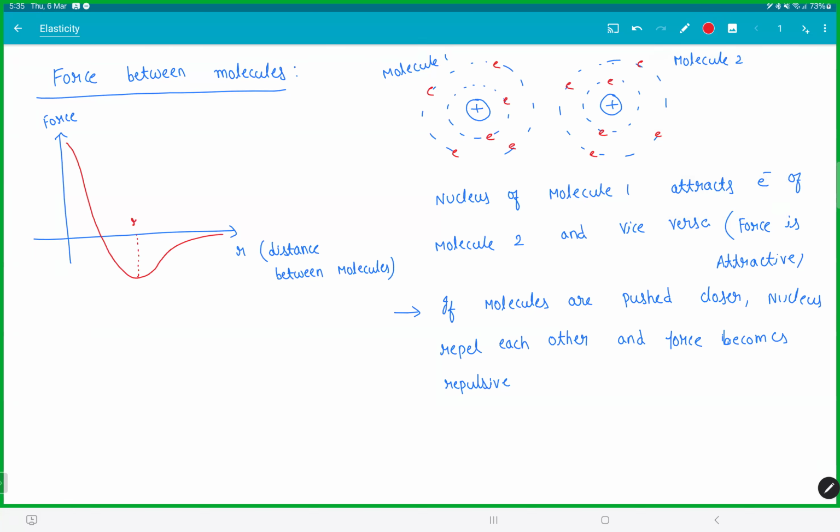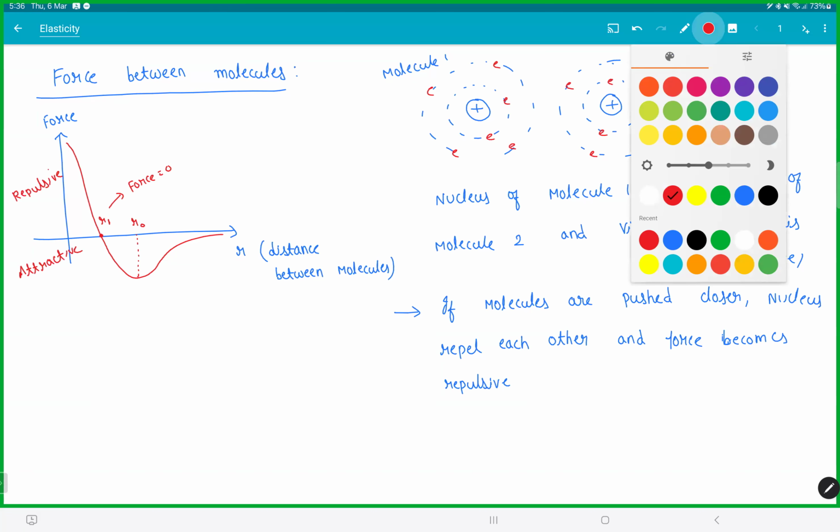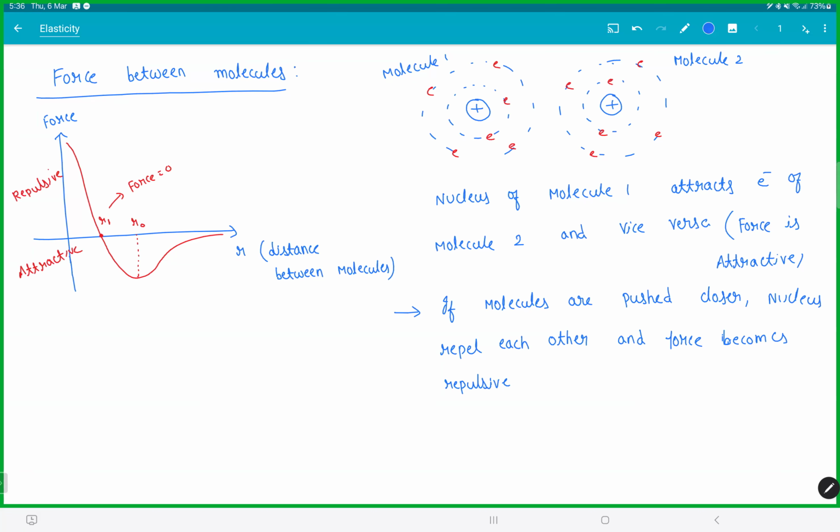Now, if I call this point some R0, and this point R1, R1 is the point where the force is 0. Here the force is repulsive. So positive force is repulsive and negative force is attractive. We have done this in thermal expansion, if you remember. When the molecules are very far, the attraction is almost negligible. As you get closer, force increases to a maximum. And then if you push them closer, they start repelling.